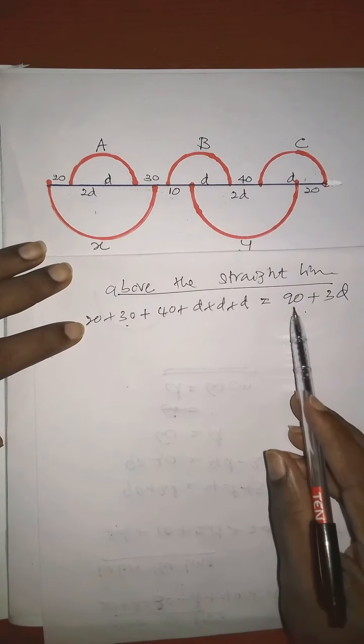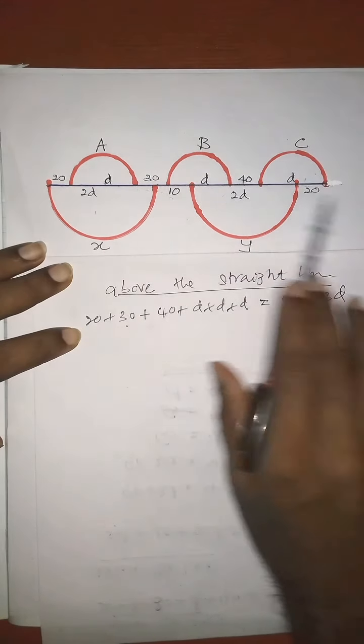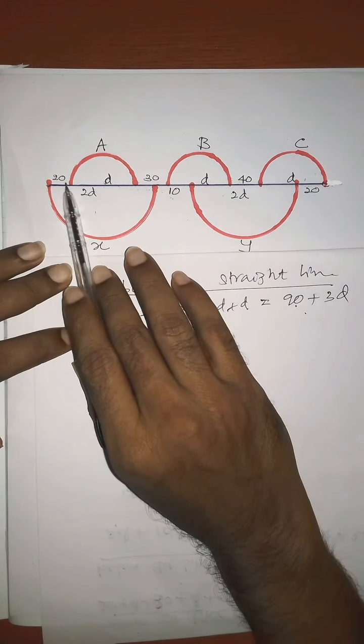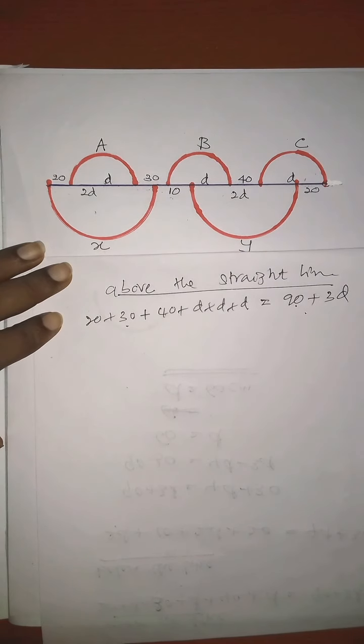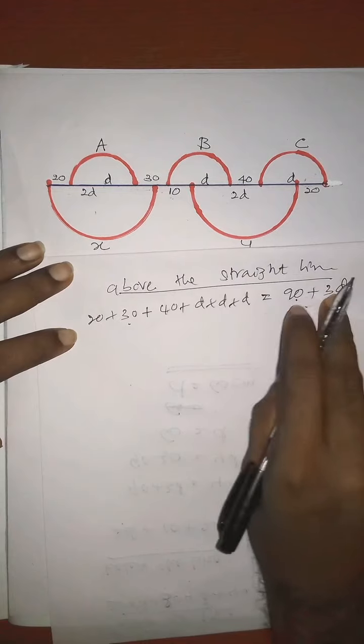So that is the statement giving the length of the straight line obtained from the figures and letter terms above the straight line.